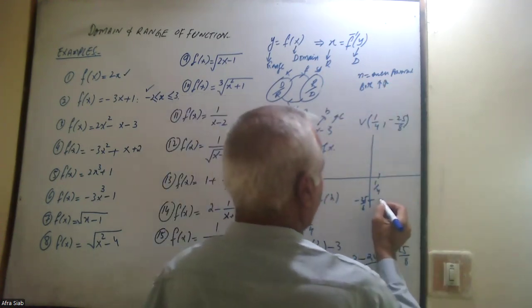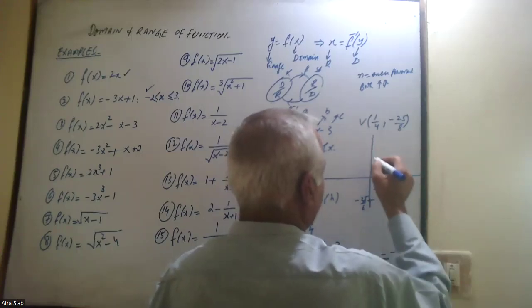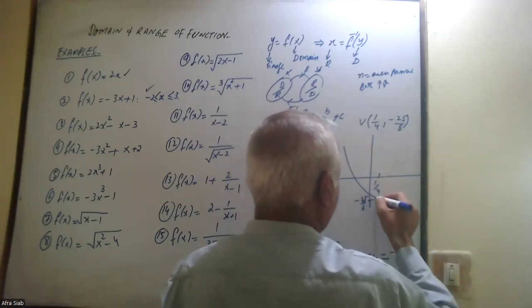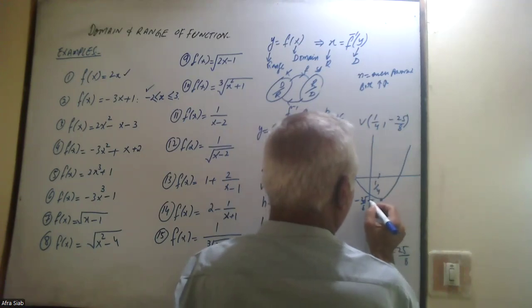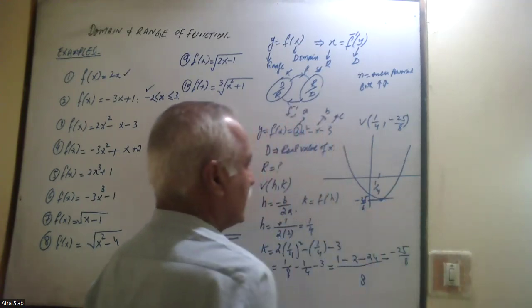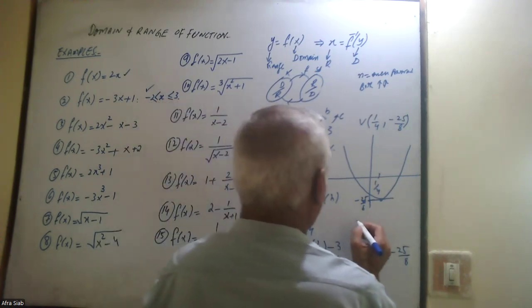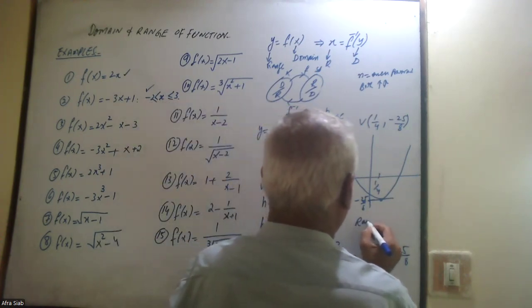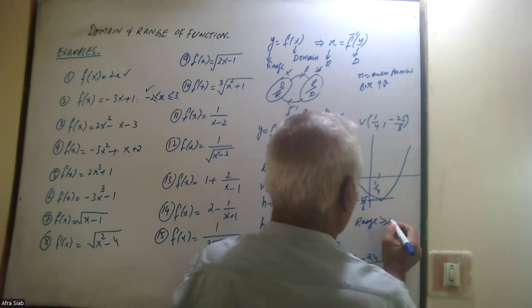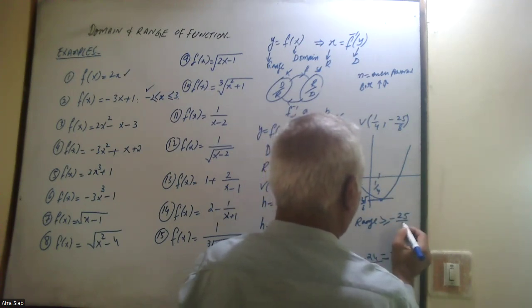From the vertex, both ends of this graph will be upward, so it is like this. So the range is greater than or equal to the lowest value, minus 25 over 8. So we can write the range is greater than or equal to minus 25 over 8.